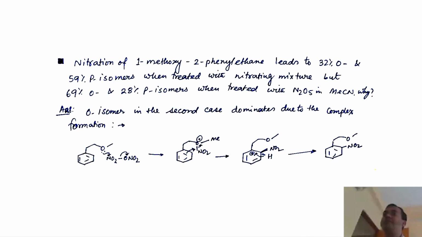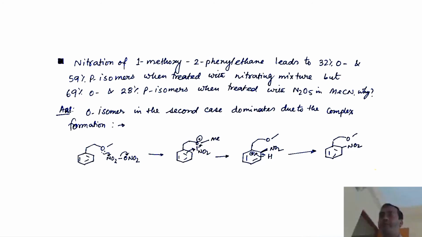So then this becomes NO2 positive, and then it can react with the ring in an intramolecular fashion. So basically you are channelizing or directing your NO2 to react at the ortho position. That is why the ortho product amount, or the product ratio in case of N2O5, becomes much higher than when you are taking the nitrating mixture.